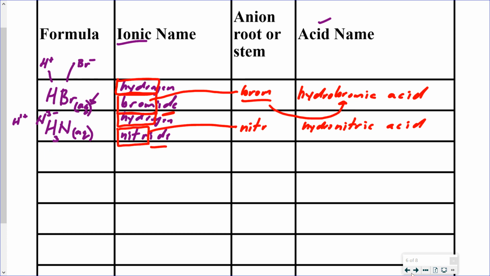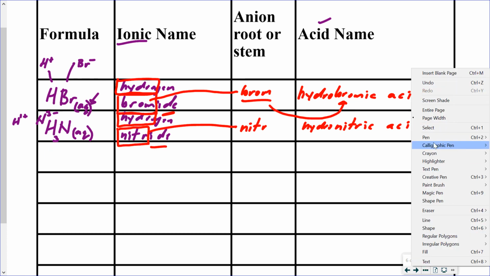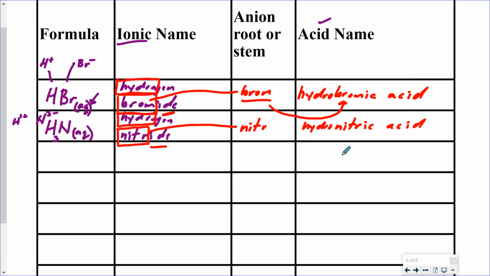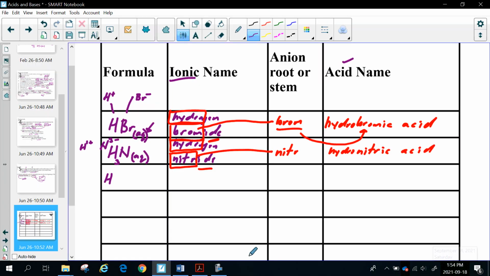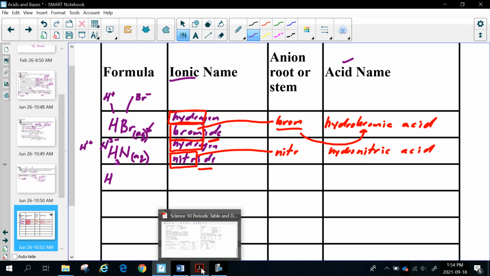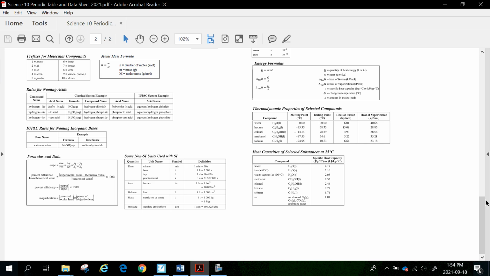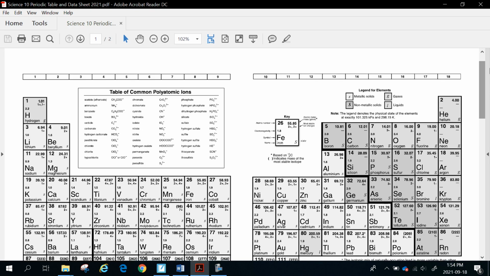So we have to have hydrogen, of course. Let me just grab my different color. And let's just jump to your table. And let's just pick from there one of the polyatomic ions that we're going to use.